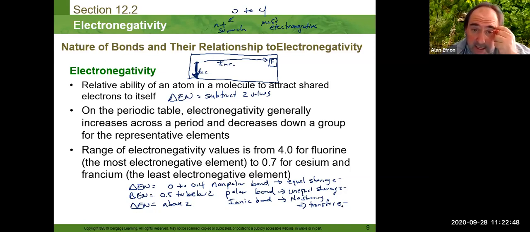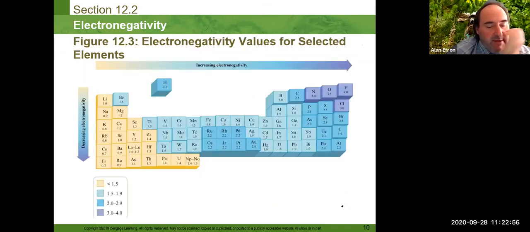So let us take a look at this and see. So this is an electronegativity table, and obviously it would be provided for you if you need it. But what you can see is we have values from 0 to basically 4. And you can see, as I talked about before, fluorine being our most electronegative with a value of 4.